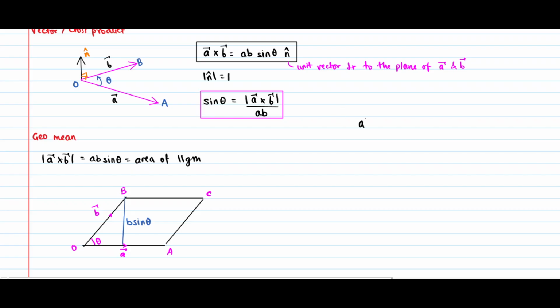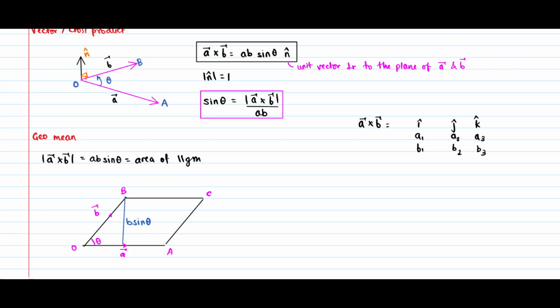Also, sometimes you are given components, so you have to solve a cross b. When you are given components, you do it like this. This can also be extended to as many dimensions as you want, but in this course we are mostly going to be in 3 dimensions, so I'm giving you formulas mostly based on 3 dimensions unless it's necessary.